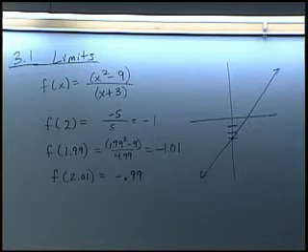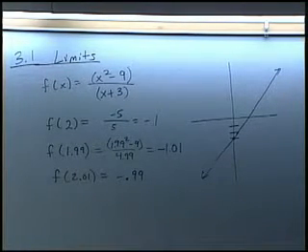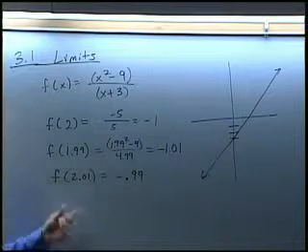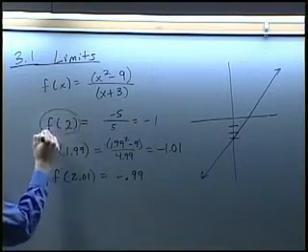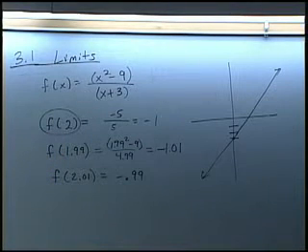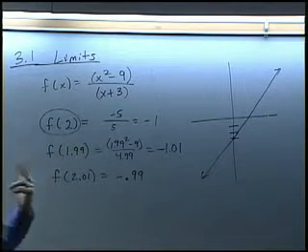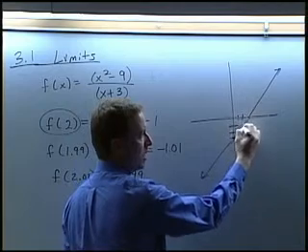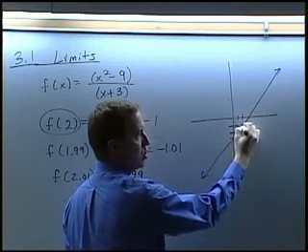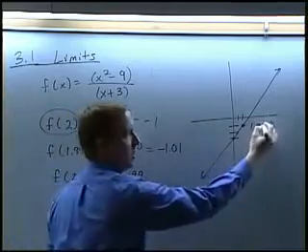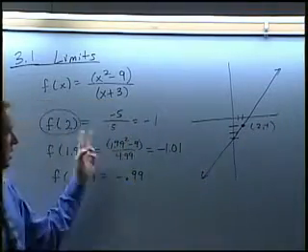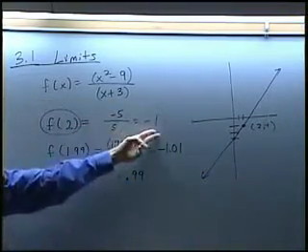Here's what we mean when we talk about the concept of a limit. Let's say that I'm interested in finding out the behavior around the value of 2. So I care about what's happening over here at x equals 2. We know from our calculation that this point goes through negative 1.